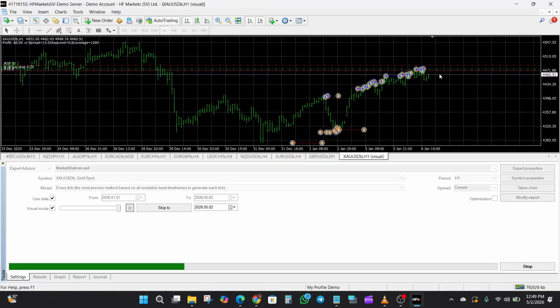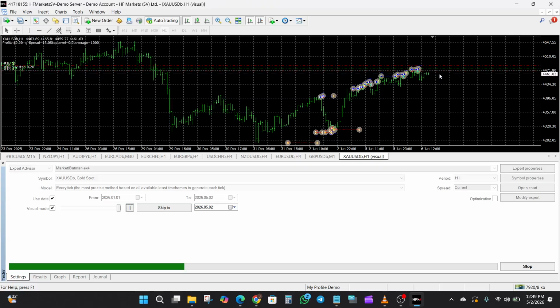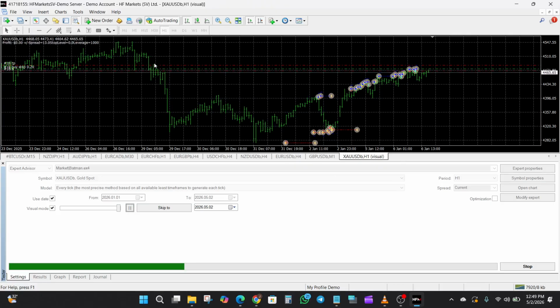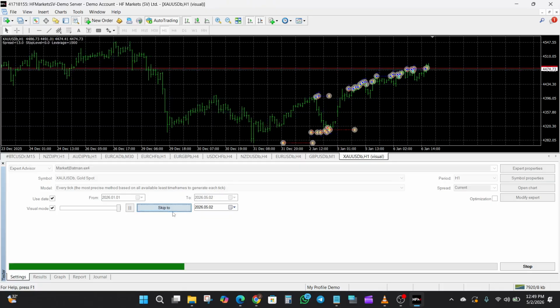We're going to skip to the end of this backtest so that we can see how the EA performed over the space of 4 months. In a bit, we're going to be analyzing the results together.